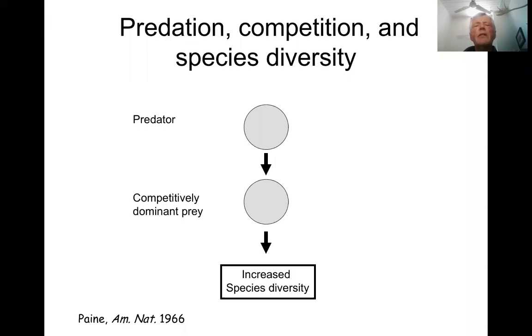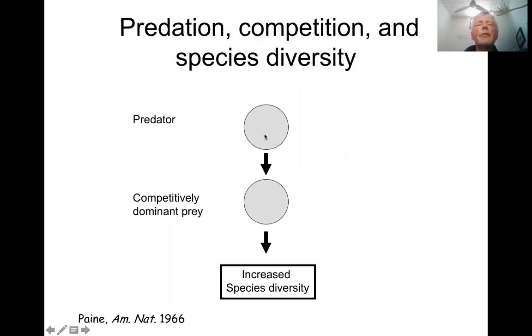And what Payne essentially did was come up with this idea, based on his own experiments, of a relationship between predators and species diversity. And his idea was this: in the absence of predators, prey compete strongly with one another, and the competitive dominants extinguish the competitive subordinates.